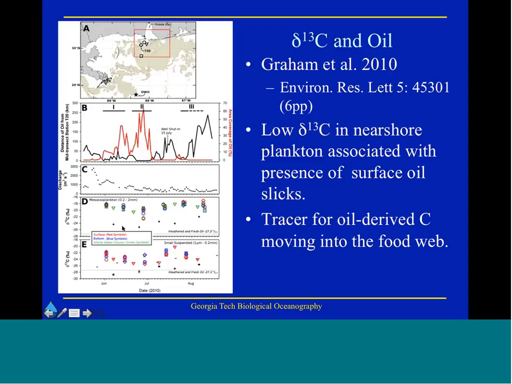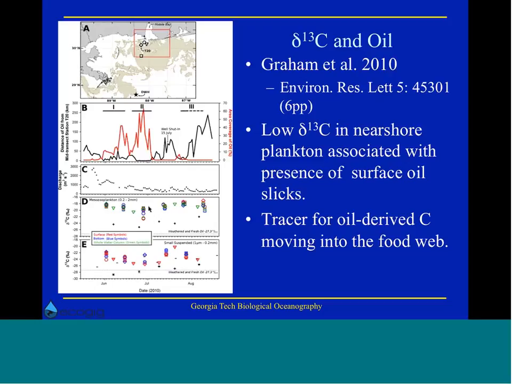If we turn now to panel D immediately above, this is the delta C13 of zooplankton plotted in the same way, showing delta C13 as a function of time. Now, as you can see, when we get to the latter part of the oil spill, we see very low delta C13s in animals.